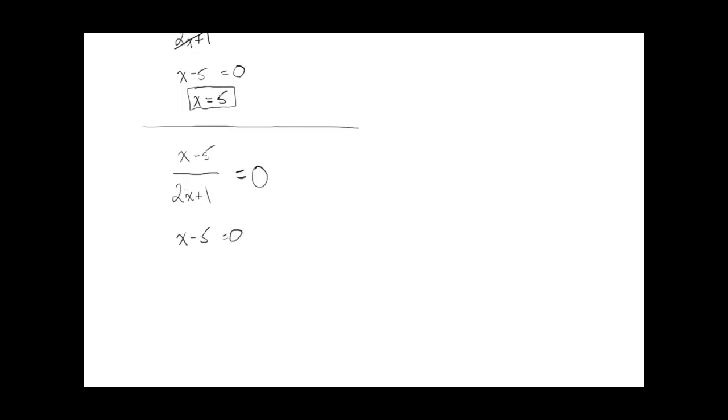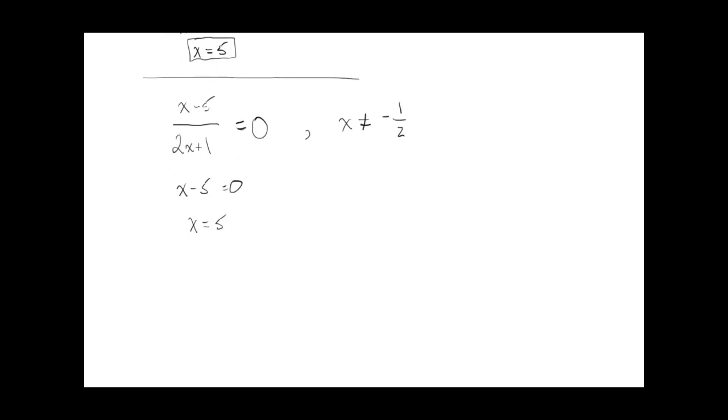So 0 divided by something would be equal to 0. So I'm ignoring the denominator. I'm not multiplying both sides. In that case, you still do have to rule out the case where the bottom is 0, which was x not equal to negative 1/2. But you get the same answer. I'm just thinking about it in a slightly different way.